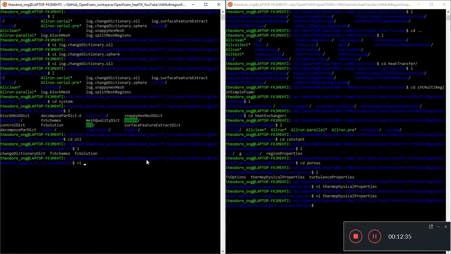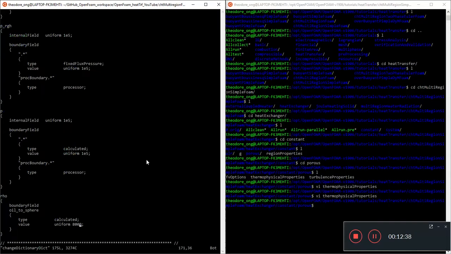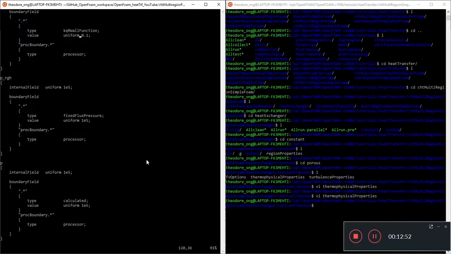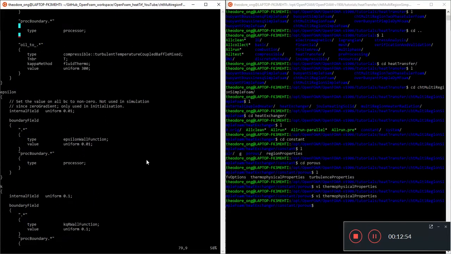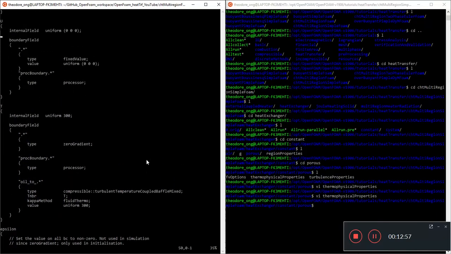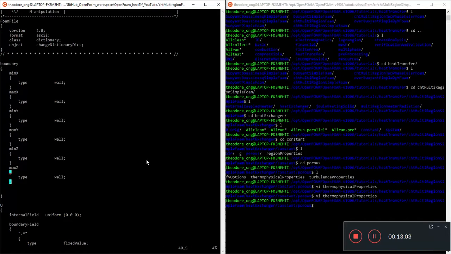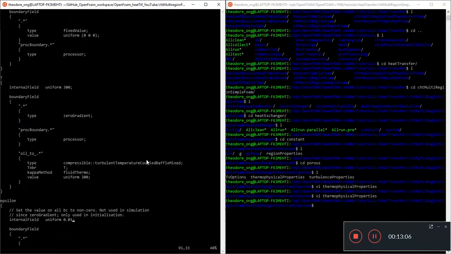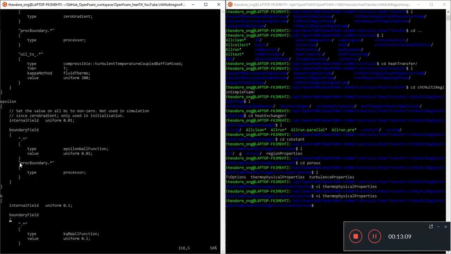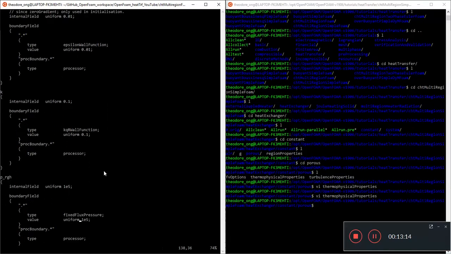Okay, so let's just make sure the syntax is right. We need to see the syntax. Okay, so normally there will always be this processor boundary or something like that.